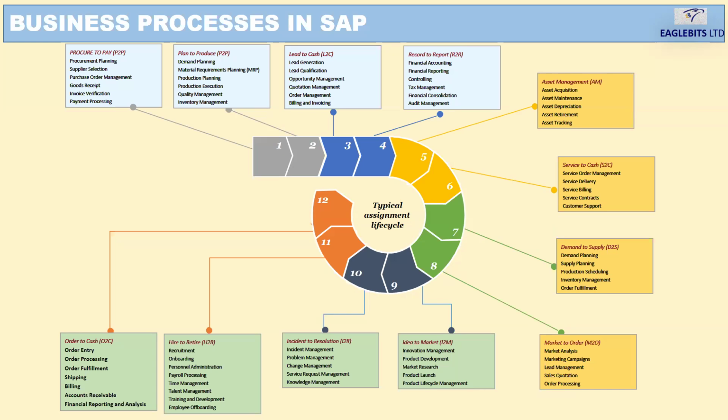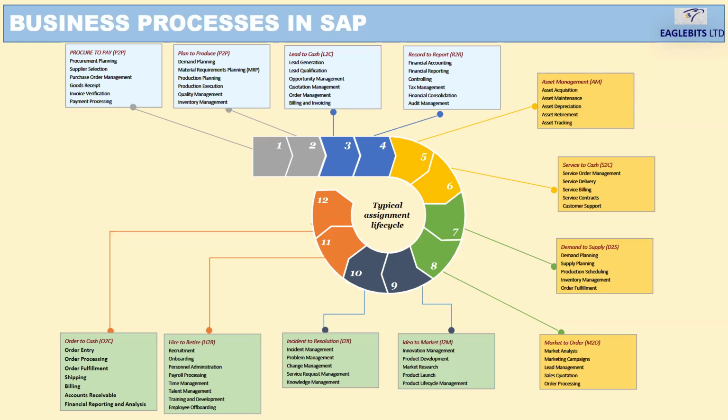There is the lead to cash as well, which ranges from lead generation to billing and invoicing of your customers. Then there is record to report, which is basically the core financial accounting and financial reporting.